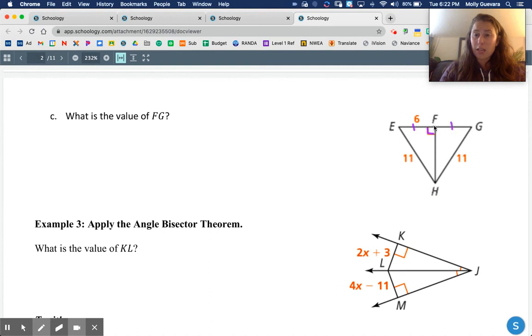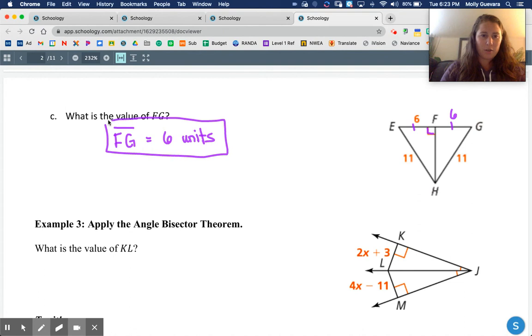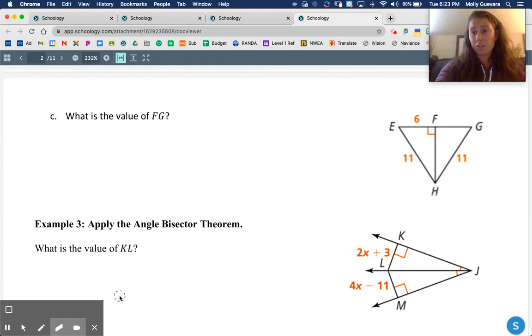Well, since EF is 6, GF also has to be 6, or FG. So FG is equal to 6 units. That one didn't require any calculations at all. That's good. So hopefully we feel good about using the perpendicular bisector. If you have any questions, just make sure you reach out.